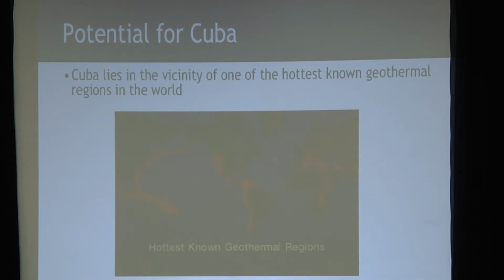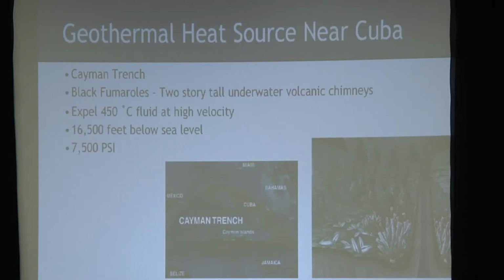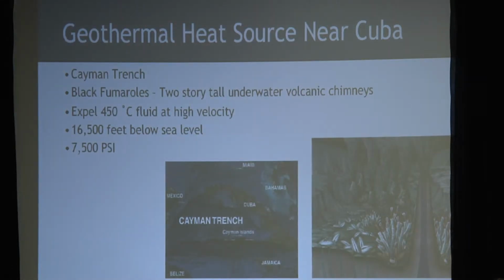The potential for Cuba is huge. So Cuba lies within one of the hottest geothermal regions in the world. As you can see in this map, Cuba is right in that main area in the middle. So there's big potential to look at this. So the heat source near Cuba is called the Cayman Trench, and the source would be the black fumaroles right under the Cayman Islands.